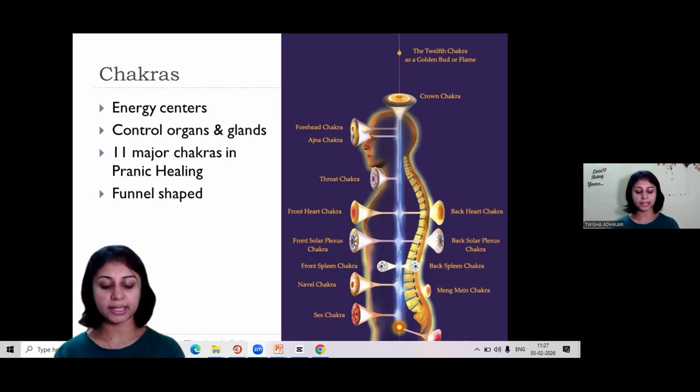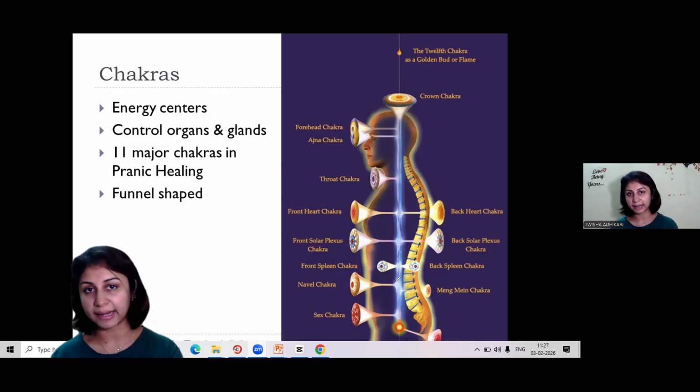Now, the navel chakra controls the small intestine, the large intestine, the appendix, and also affects the speed of giving birth in women and affects the overall general vitality.